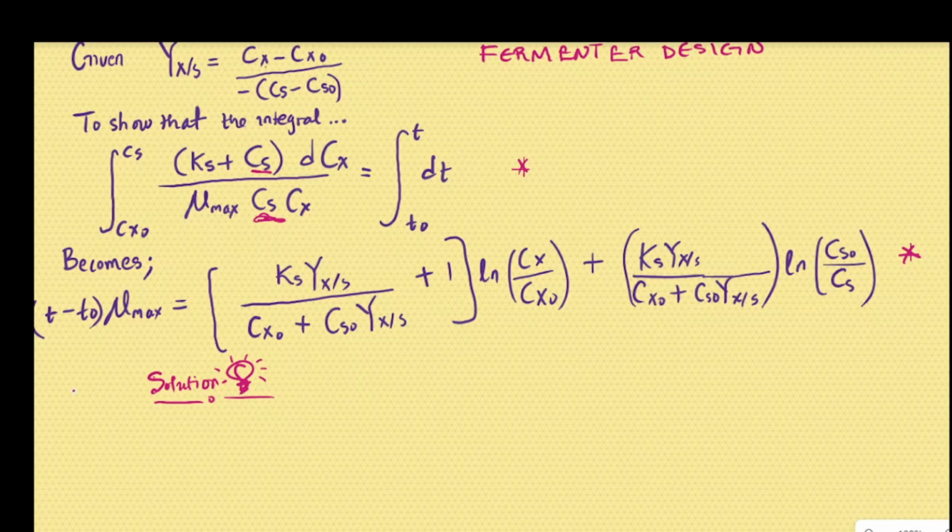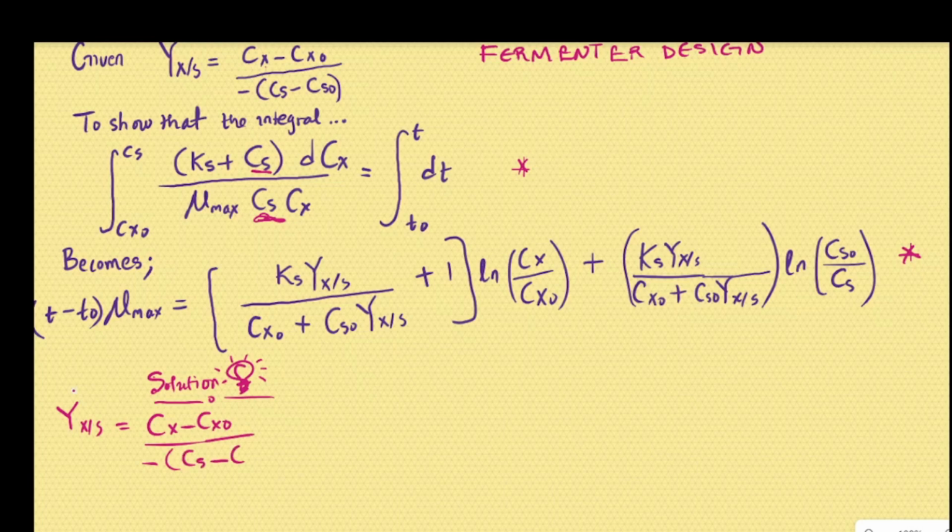So the first thing is, from this formula, Yx/s, that's our growth yield here, we are going to make Cs the subject of the formula. Yx/s into (Cs − Cs0) over negative.